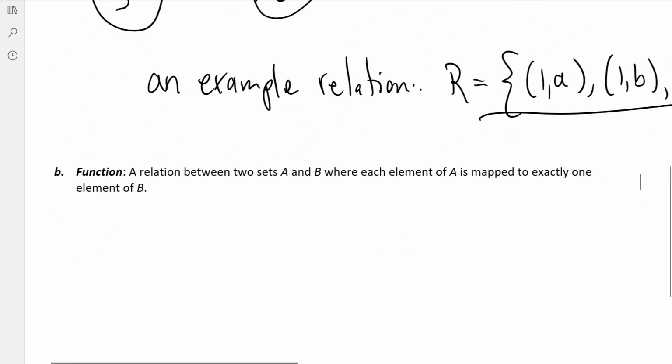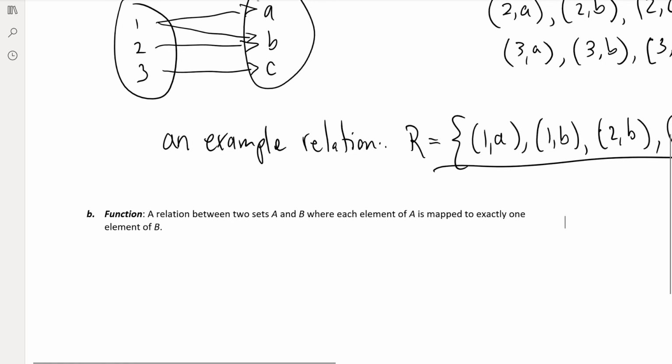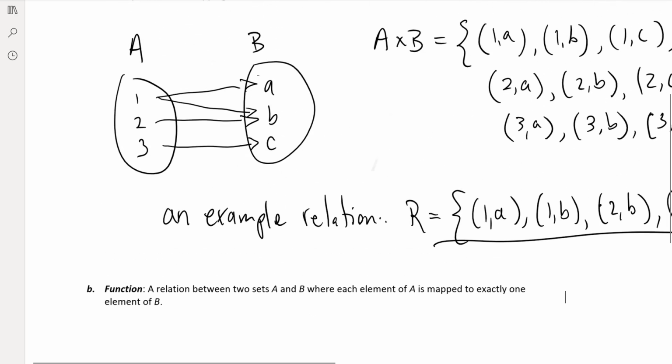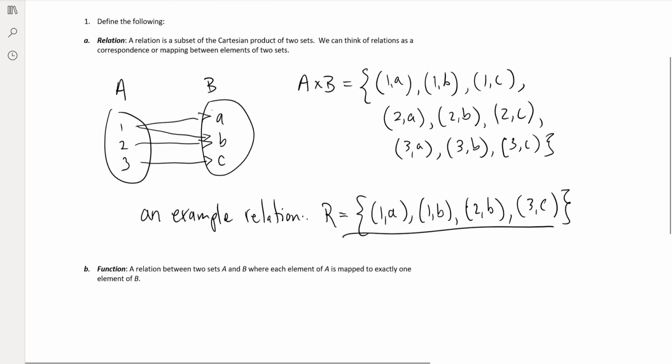A function is a relation between two sets A and B where each element of A is mapped to exactly one element of B. So functions are in fact relations, but they have an extra condition that any element in the first set A is mapped to only one element in set B. Looking back at the example I used for the relation, that relation isn't a function, obviously, because the element 1 in set A is mapped to 2 elements in set B.